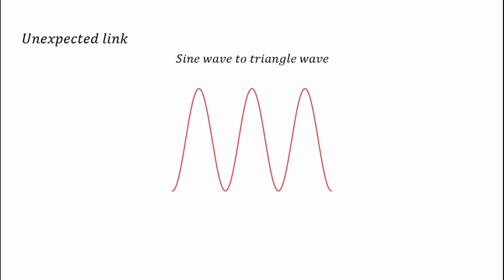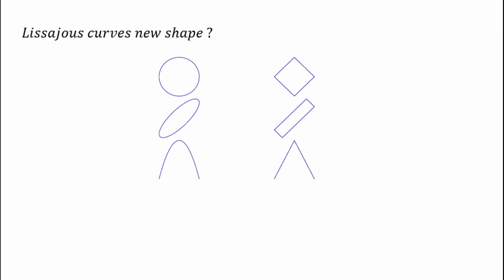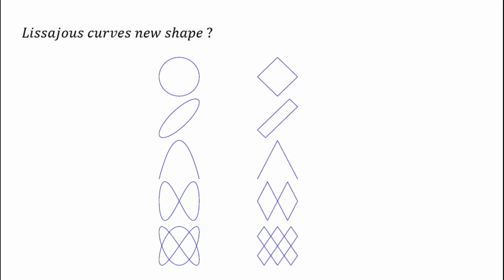So now let's see one more facet of Lissajous curves, and not the least. We go back to the 2D representation, and instead of a sine wave, we take a triangle wave. This has a slight impact on the resulting figure, as you can see, but the intersections remain the same.